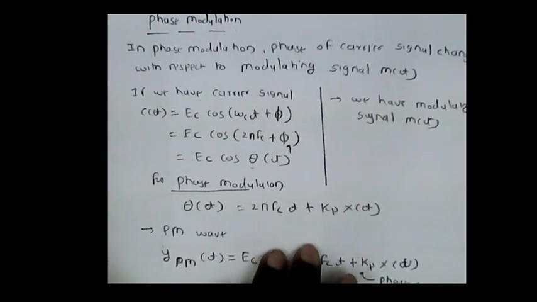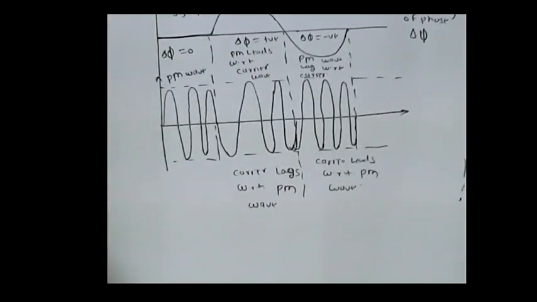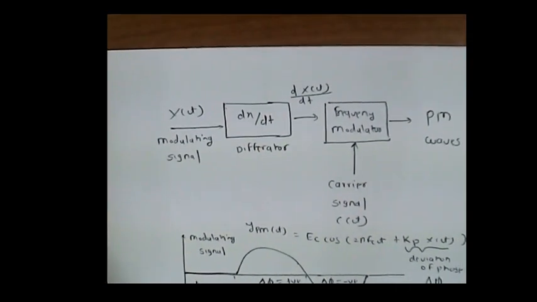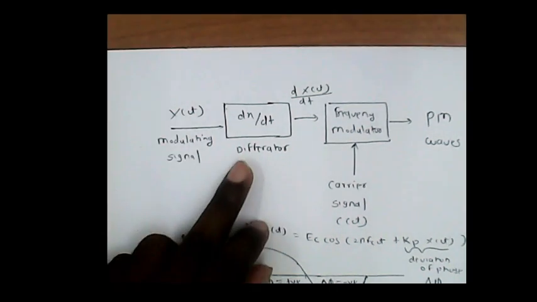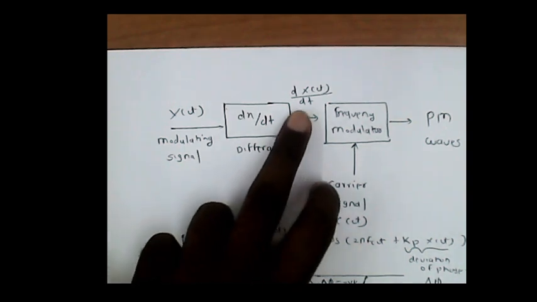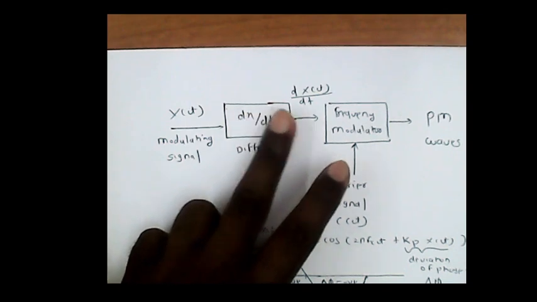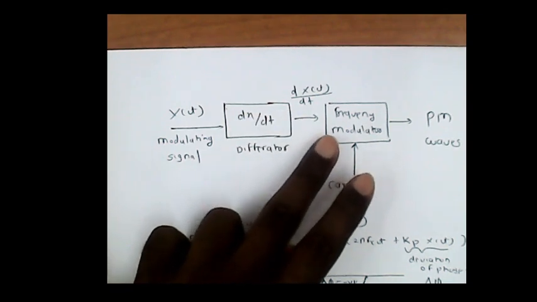Now if we see the block diagram, how to generate the phase modulation: the modulating signal x of t is applied to a differentiator, that is dx by dt. The output is a differentiated modulating signal, which is applied to the frequency modulator.